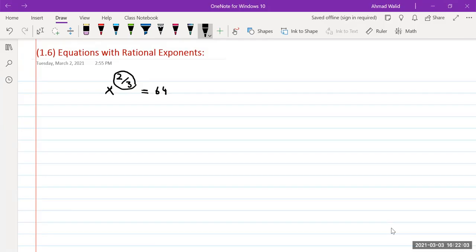Solving these equations is really easy if we remember these rules from our previous class. First, we had a power rule.